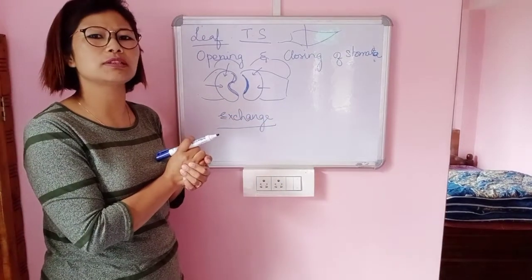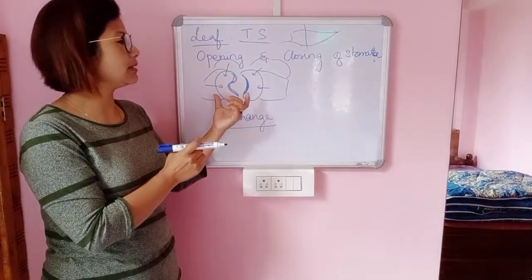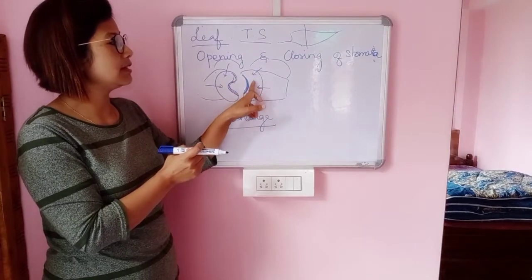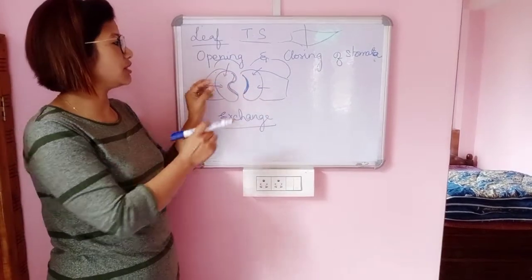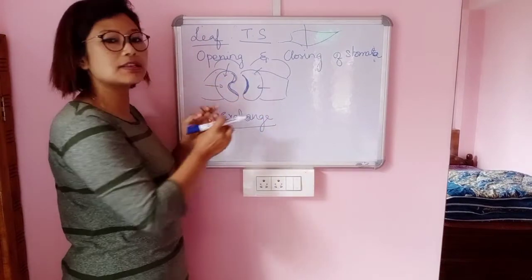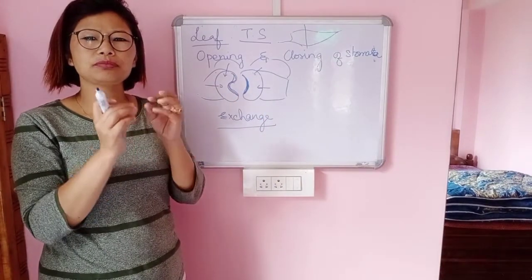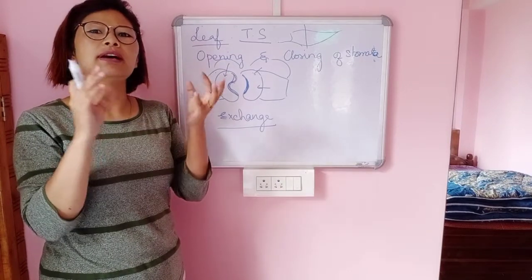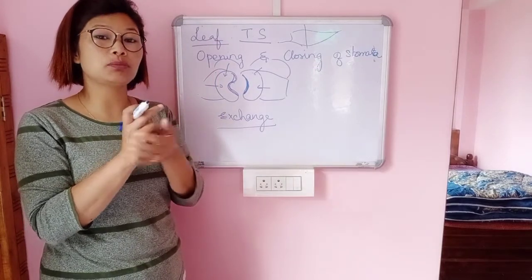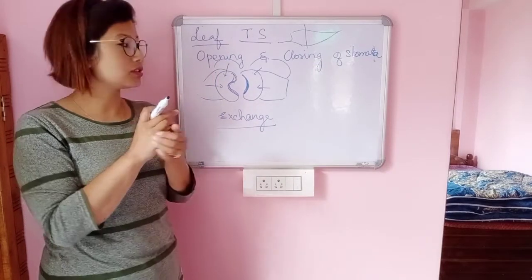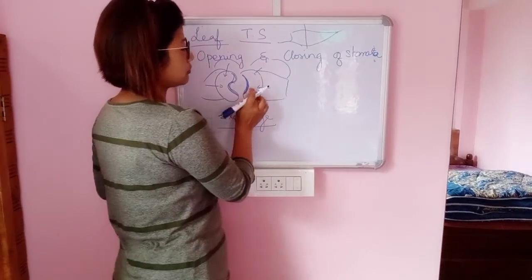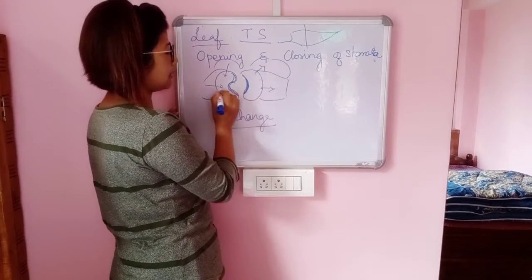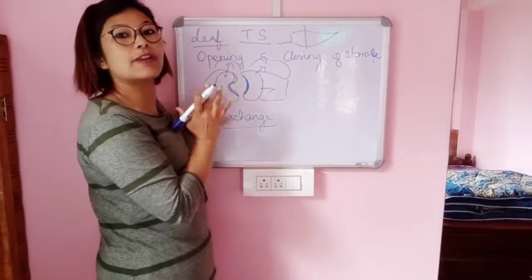This is very important. And what happens during the night time? There is no turgidity. In the guard cells, the food that is produced during the daytime lowers down. The ions also decrease, especially potassium ions. So water starts to move out from the guard cells, making the guard cells flaccid.